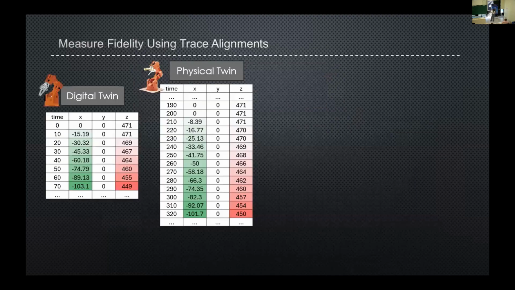So how can we apply this to real digital twins? Because mostly the state of the digital twins is defined by numerical values. For example, here we have two robotic arms, and these are the positions in X, Y, Z of the point of the gripper. In the case of a sequence of characters, it's easy to determine if two characters are the same.